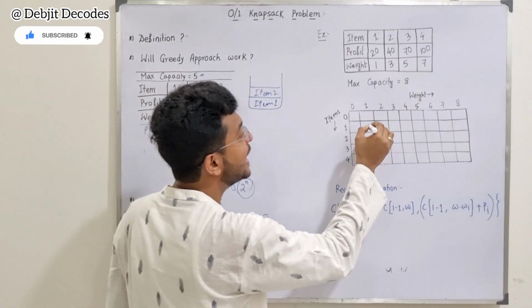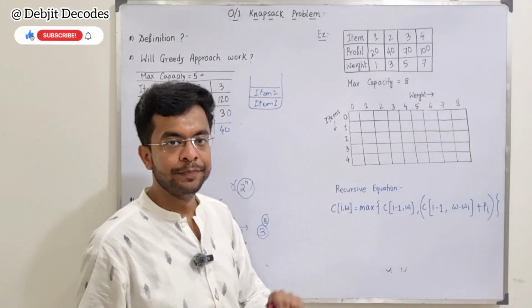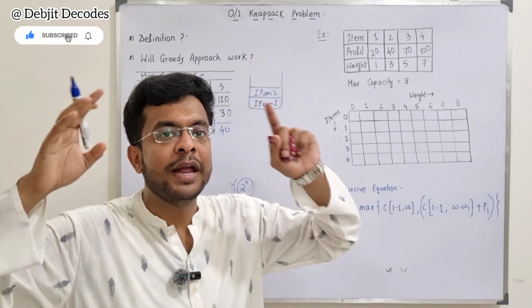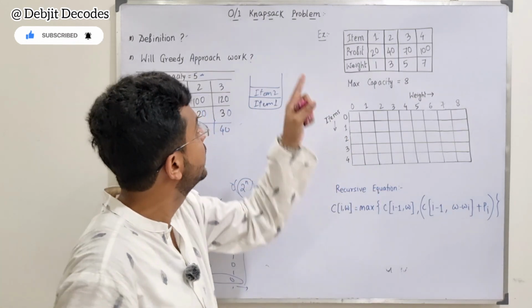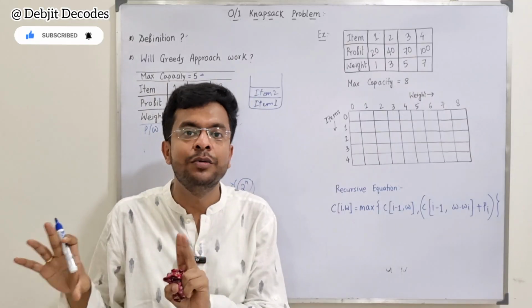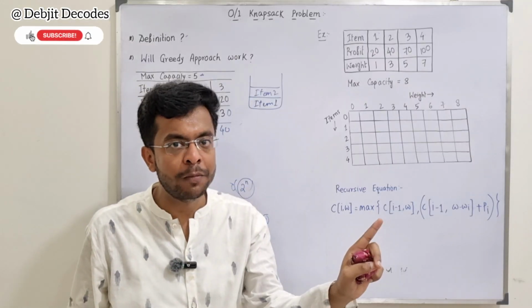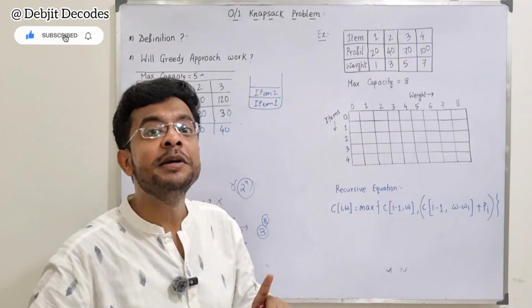Now, what will be inside the cells of this table? What is the thing we are trying to build, the solution we want from the 0, 1 knapsack? It is an optimization problem, because dynamic programming solves optimization problems. And what kind of optimization problem is this?